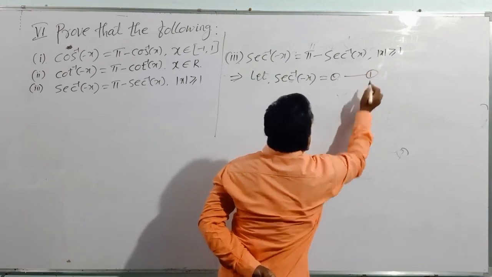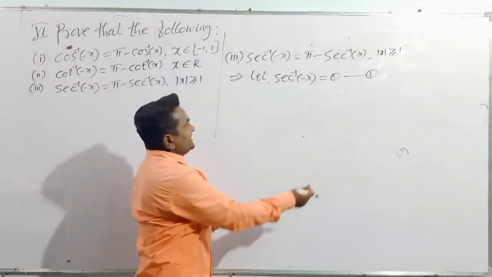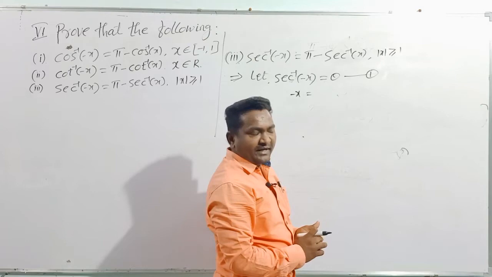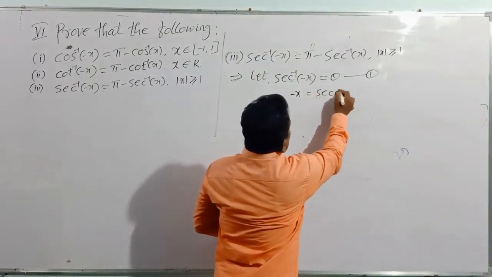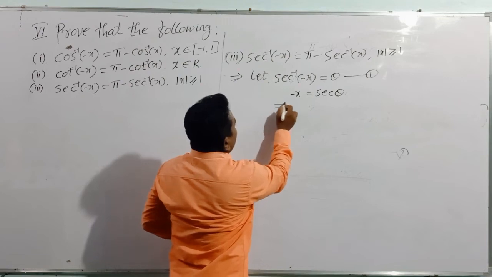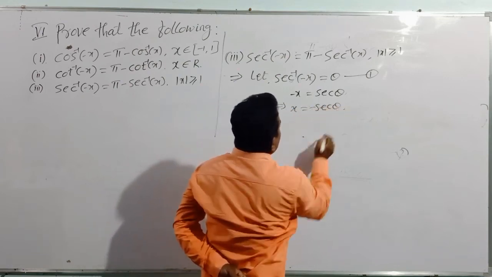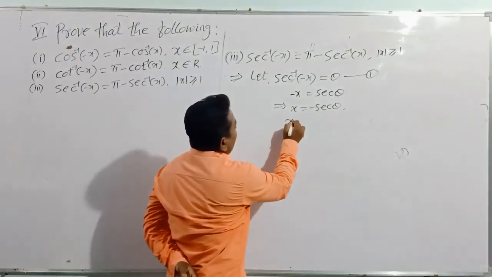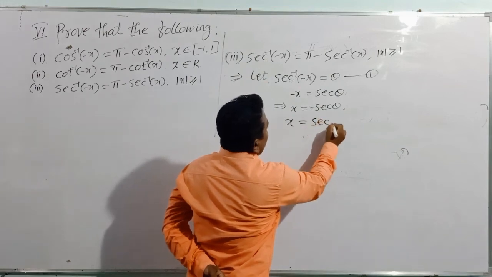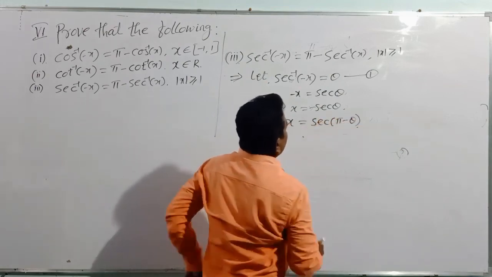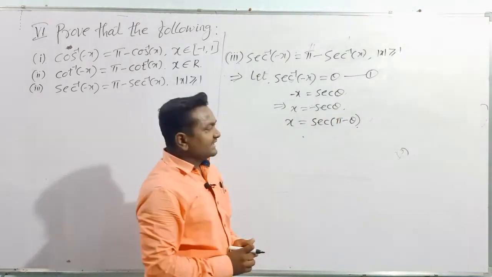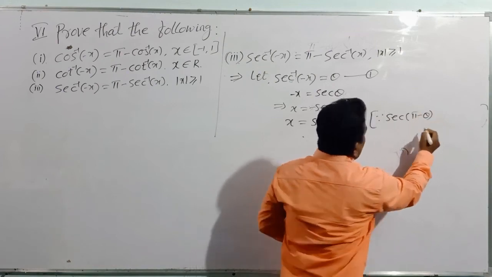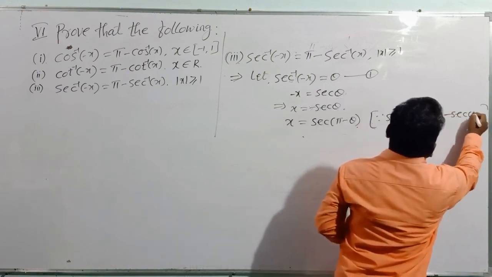Take it as equation number 1. Repeat the same procedure. Keep minus x as it is, and the inverse trigonometric function moves to the right-hand side and becomes a trigonometric function, that is sec theta. So x equals minus sec theta. Replace the value for minus sec theta: x equals sec of (pi minus theta), because sec of (180 minus theta), that is sec of (pi minus theta), equals minus sec theta, as we already know.